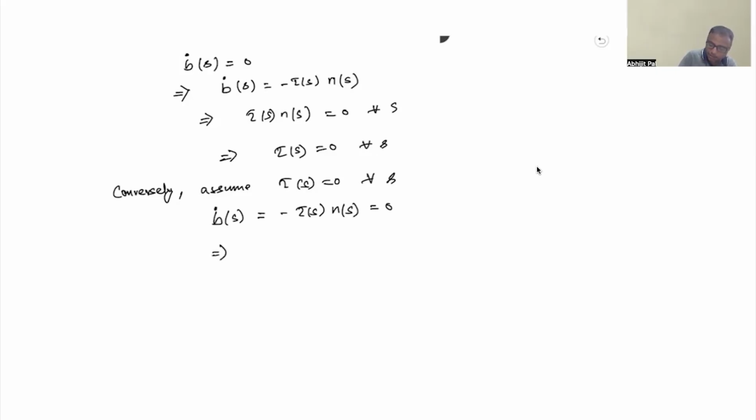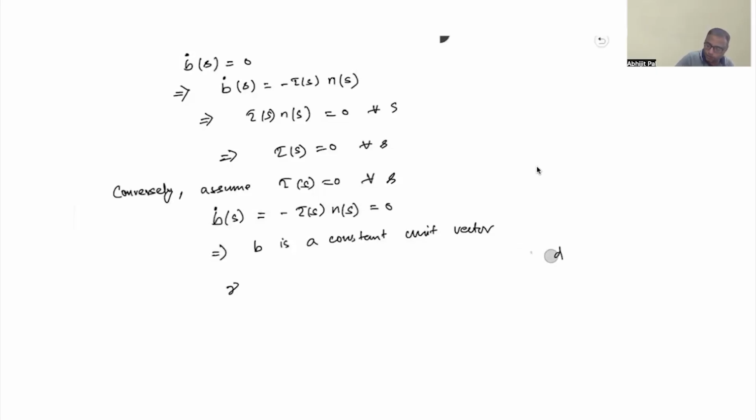So this implies that this binormal vector B is a constant unit vector. Now what we want to show is that there exists a plane, something like r dot B equals d, where this curve gamma will belong.